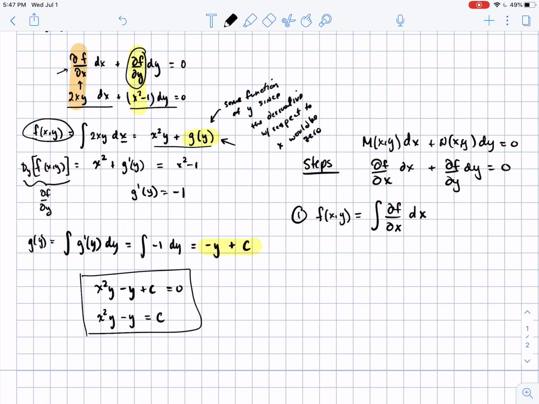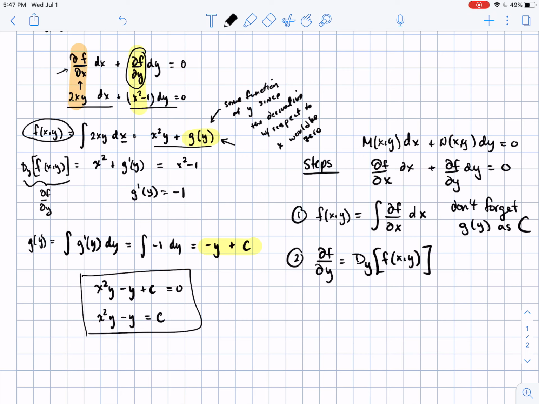Now with that you'll have some function there, and what you're doing is finding your differential with respect to y by taking the derivative of what you just got with respect to y. And just don't forget, in this one, you'll have a g of y as your constant.